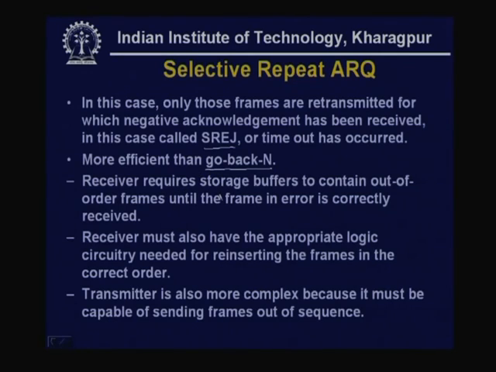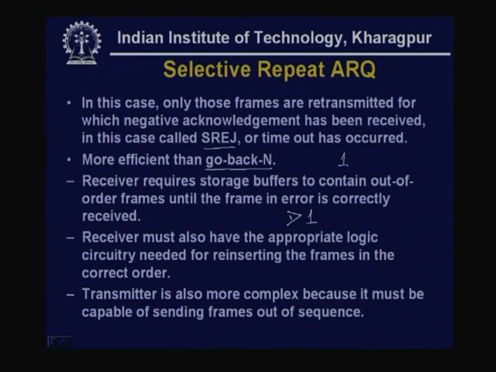The receiver, however, in this case requires a storage buffer to contain out of order frames until the frame in error is correctly received. In case of go back N, we have seen the receiver requires only one buffer. However, in this case the number of buffers required will be more than one.